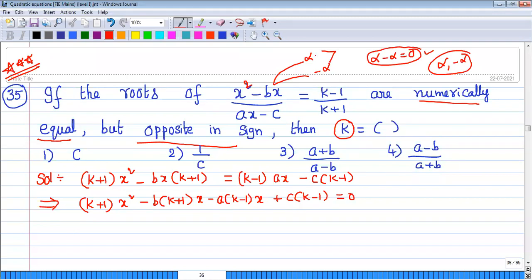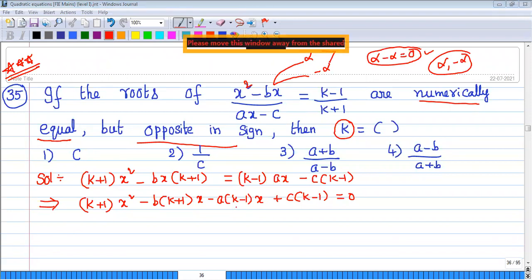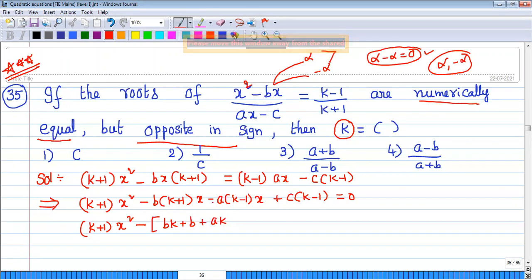And moreover, here we can take x common, k plus 1 x square, minus of bk plus b plus ak, minus a, of x plus c times k minus 1 is equal to 0.